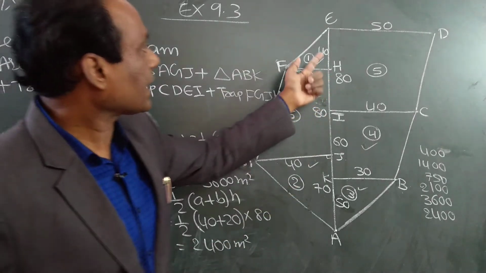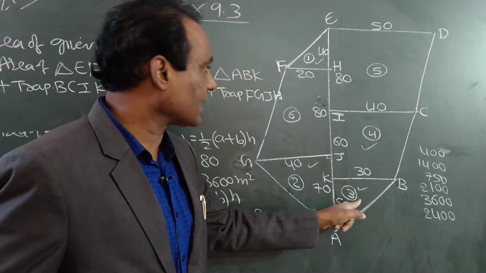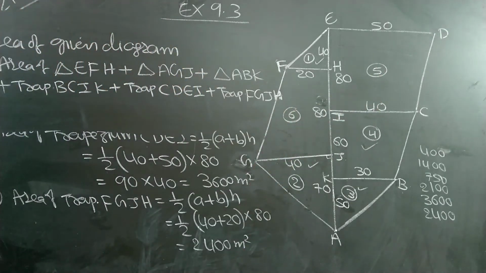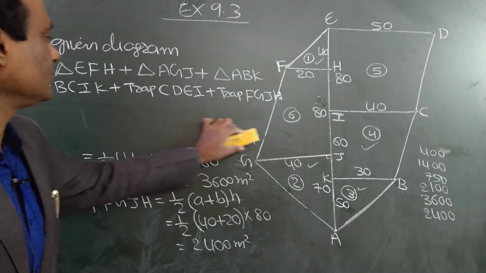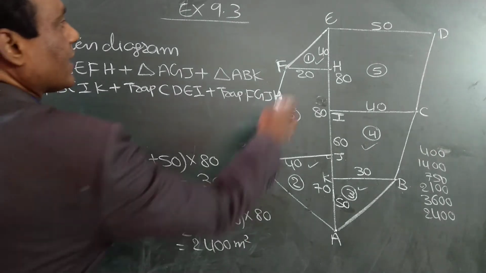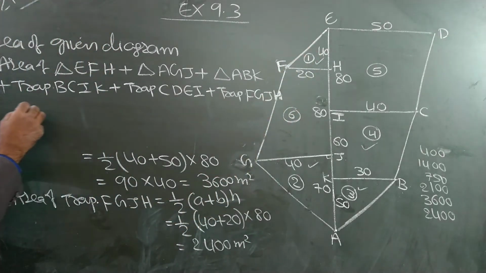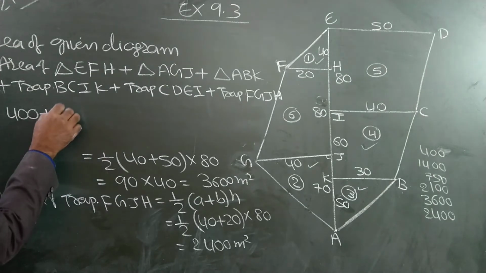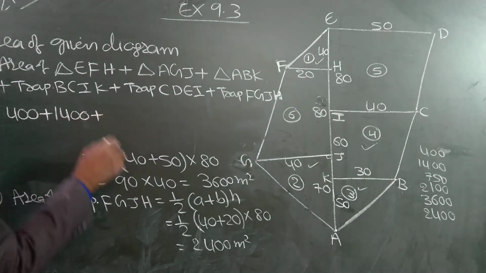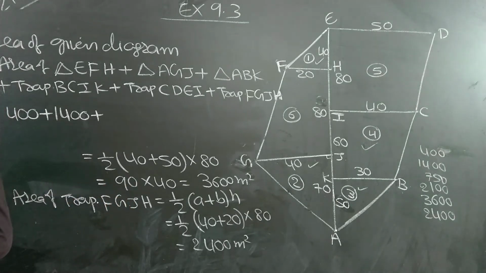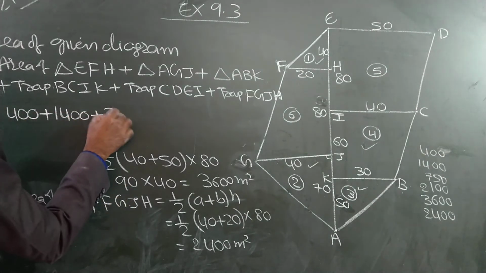Area of triangle plus triangle plus triangle plus trapezium plus trapezium plus trapezium. What is the area of this triangle? 400. This triangle 1400. This triangle 750.